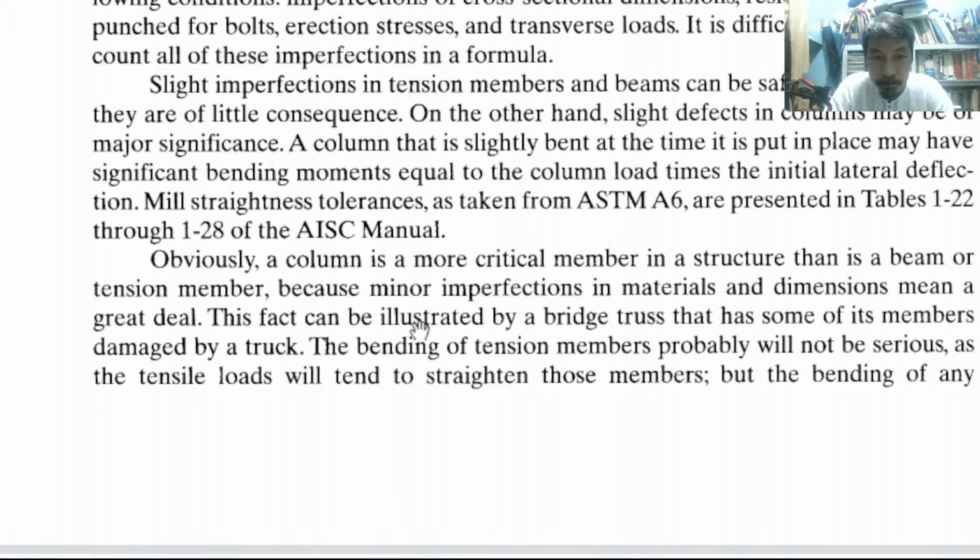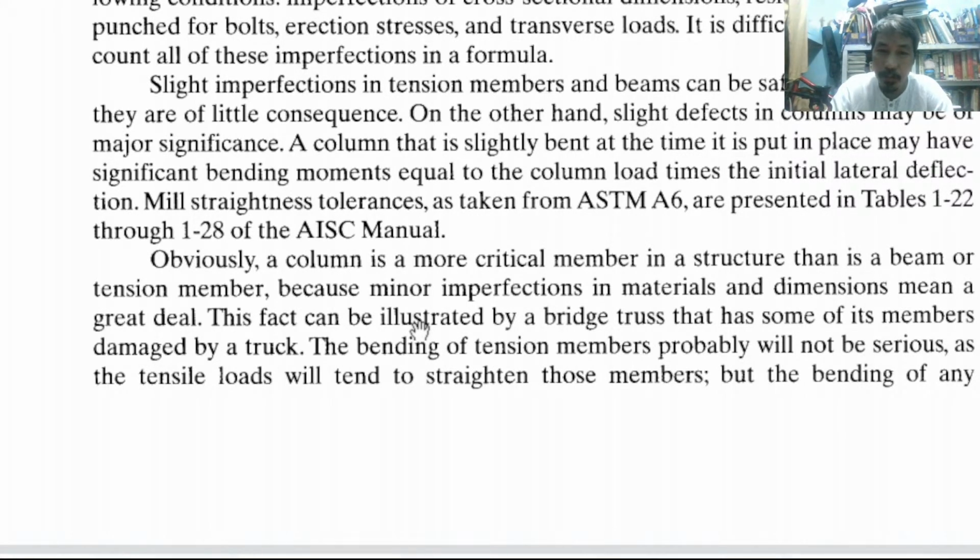This fact can be illustrated by a bridge truss that has some of its members damaged by a truck.